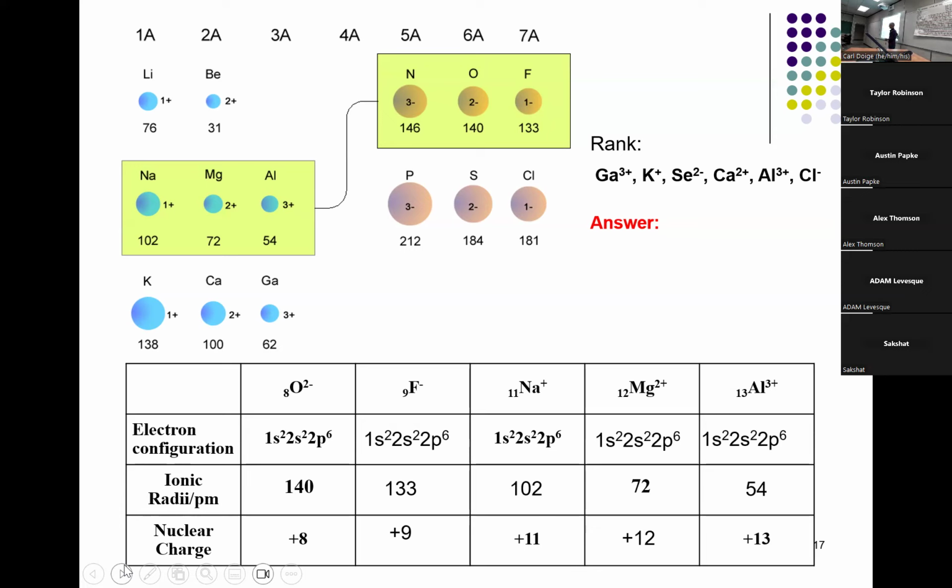So the number of electrons stay the same, yet the nuclear charge increases. This is why the size of these gets smaller and smaller. Same with here then. All of these have the same electron configuration, same number of electrons, but the number of protons increase. Hopefully that chart kind of highlights.